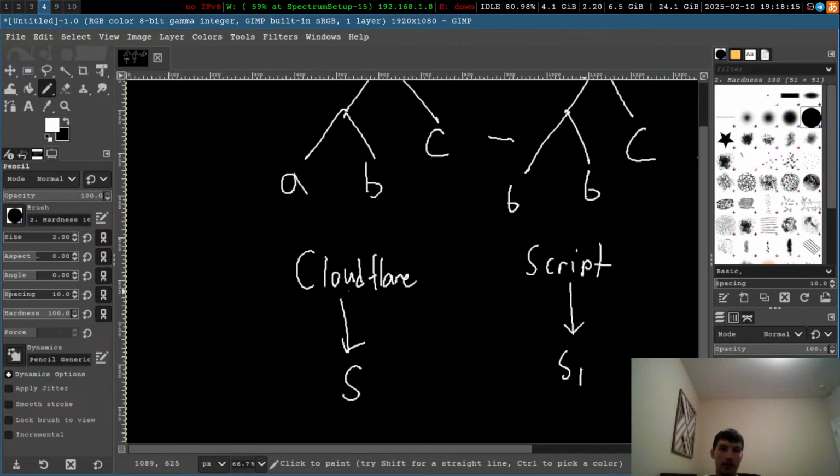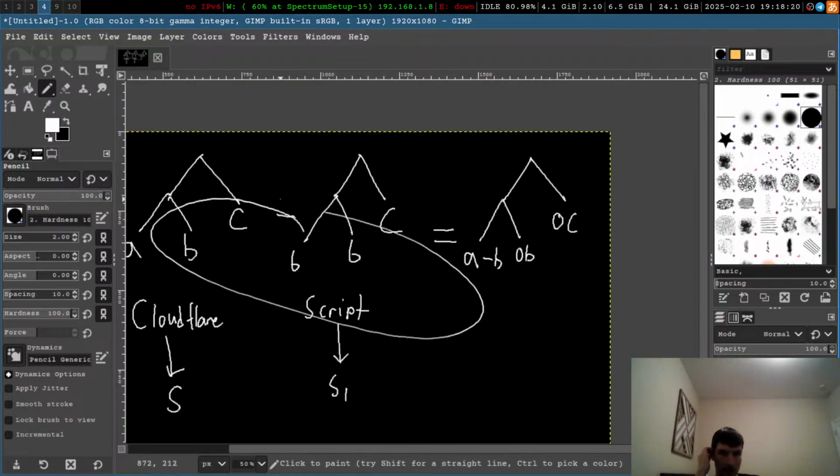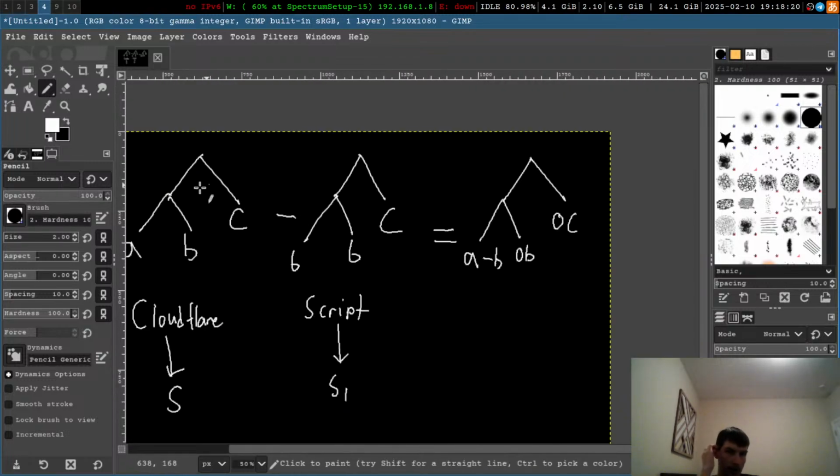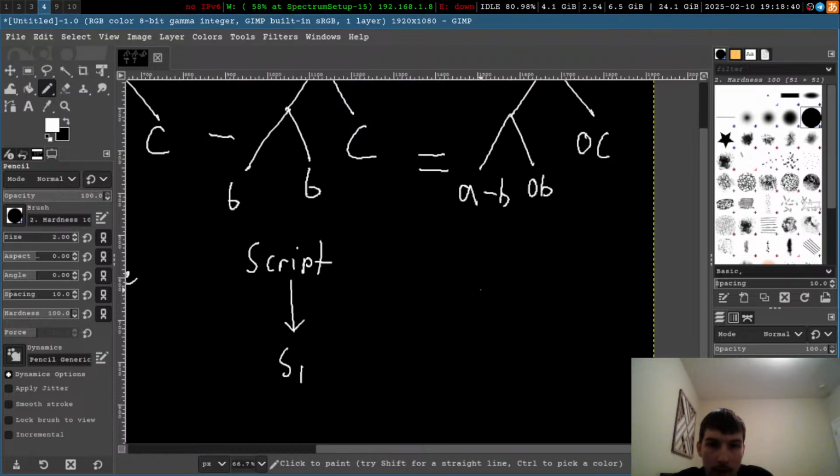And how do we get from S to S1? Well, if we have these semantics, then it's like a simple addition problem or subtraction problem. We say, okay, what is the difference between the current state and the target state?